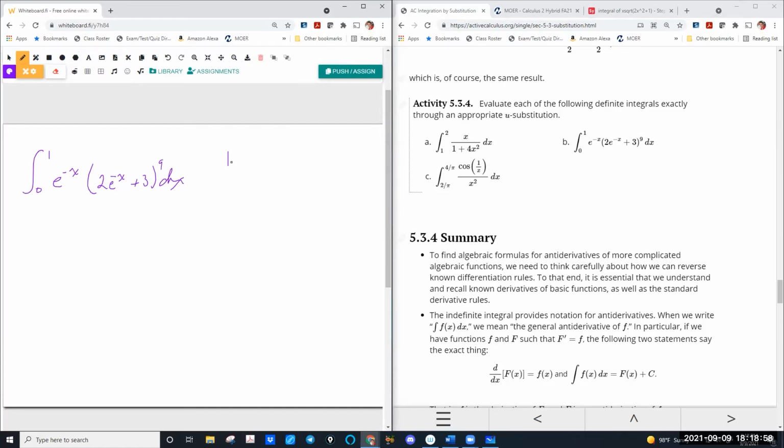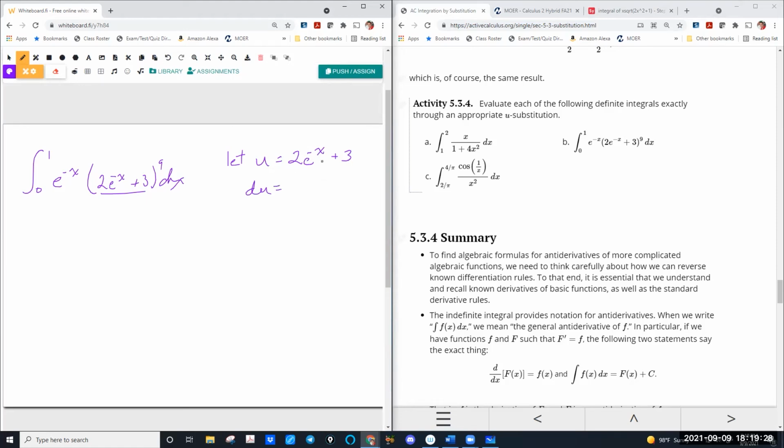So I'm going to look at letting u be this inside piece right here, 2e to the negative x plus 3. Okay? All right. Because that'll simplify this down to u to the 9th. Now, we need to make sure we can get the du in, which is basically the derivative of this guy.